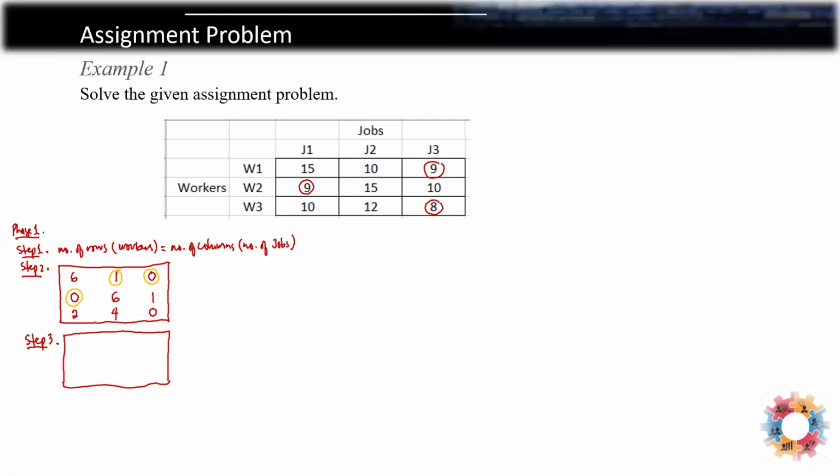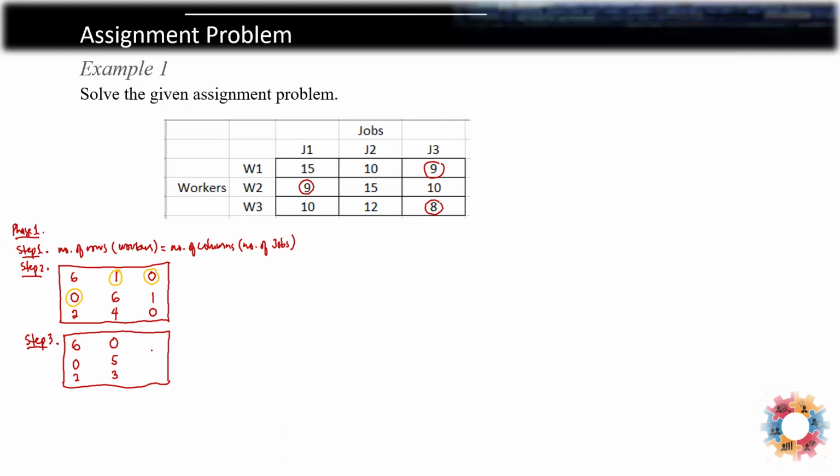Column reduction is subtracting each entry in the first column by that smallest number, but doing that won't affect the values because the smallest value is 0. But in the second column, the smallest value is equal to 1. So 1 minus 1 is 0. 6 minus 1 is 5. 4 minus 1 is equal to 3.